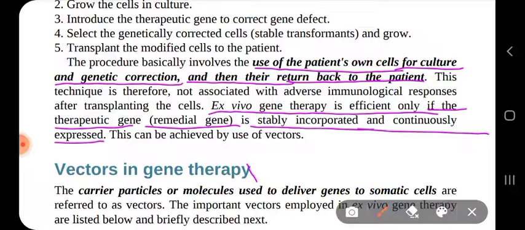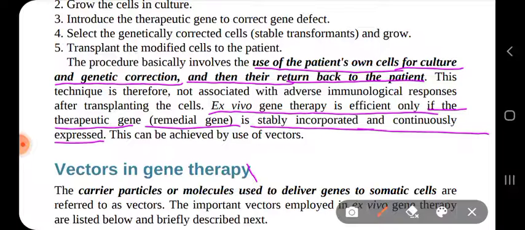Now for expression of the gene, we have to use certain promoters. We all know about transcription a little bit, as we have learned in class 12, that for transcription to begin we need certain promoters, operators, ribosome binding sites for expression of that mRNA into protein. So for expression of the gene we need all those things.